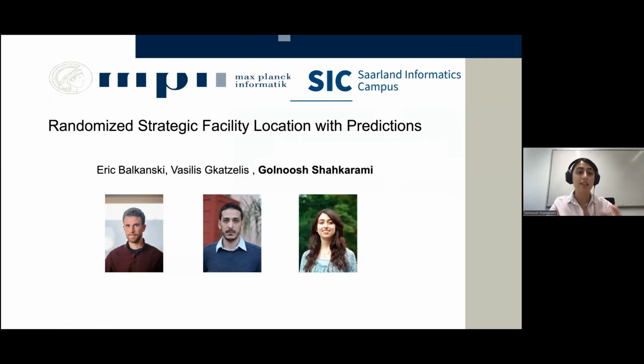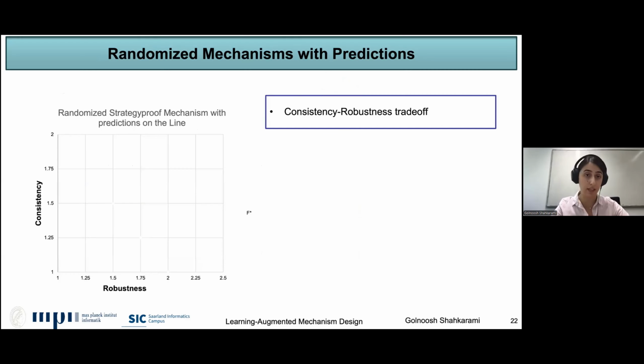Well, we studied this problem in the randomized setting. Together with Eric and Vasilis, we studied strategy-proof facility location in the randomized setting. So one way to evaluate all these learning-augmented algorithms is to look at the consistency-robustness trade-off. So consider this plot. We have consistency on the y-axis and robustness on the other one.